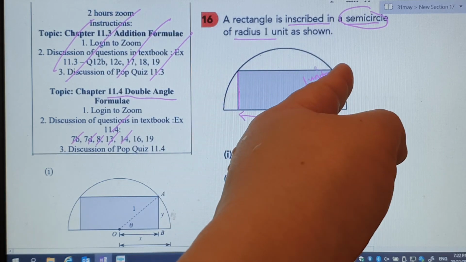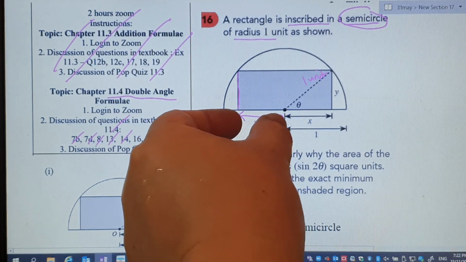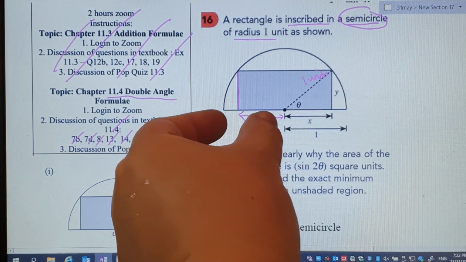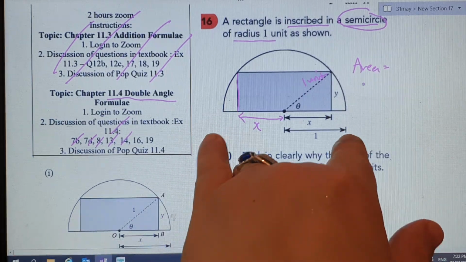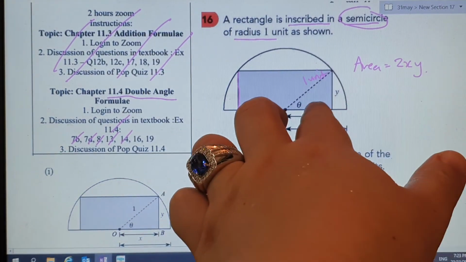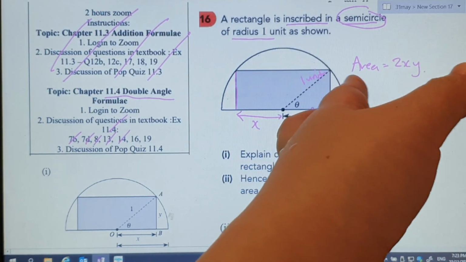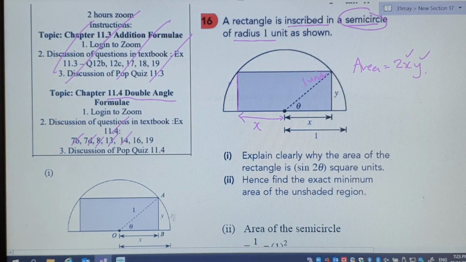So it fits snugly into this semicircle, meaning that this x is the same as this x. Once you have understood that, you will know that the area of the rectangle is length times breadth, which is 2x times y. So once we can find what x is and what y is, we can get the area of the rectangle. And how do we do that?